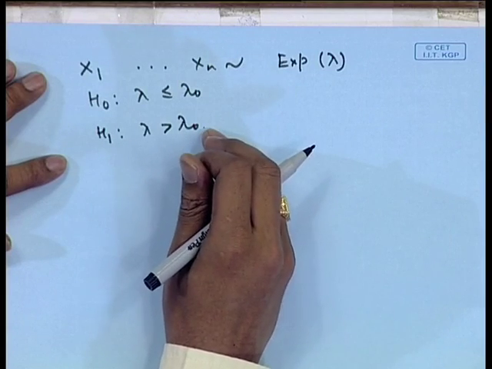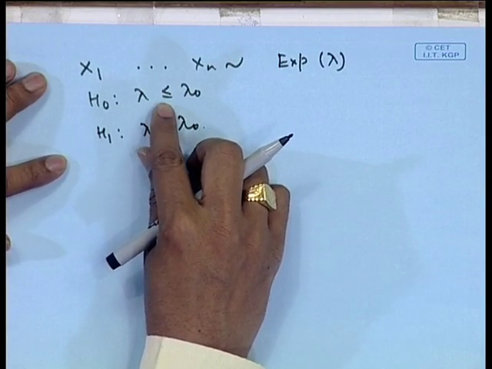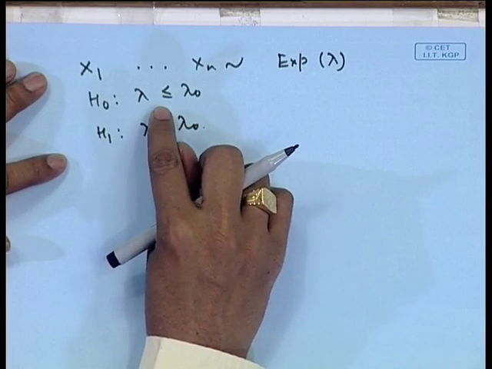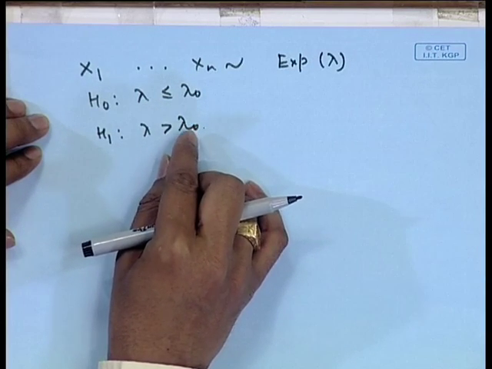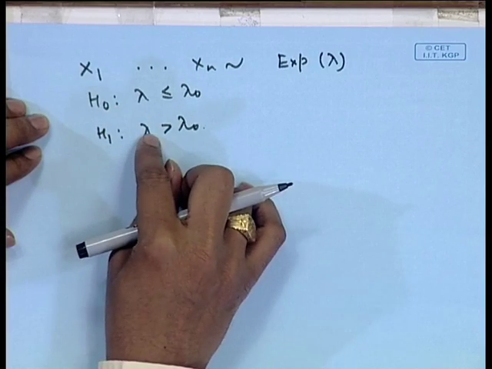We had already seen the interpretation of the lambda here, which is the reciprocal of the mean. So, we had seen that for the larger value of the sample mean, we will be having a smaller value of the rate, that means we will tend to accept H naught, and for a smaller value of the mean we will be tending to reject H naught, that means tending to go in favor of H 1.